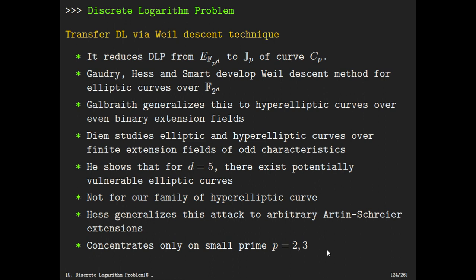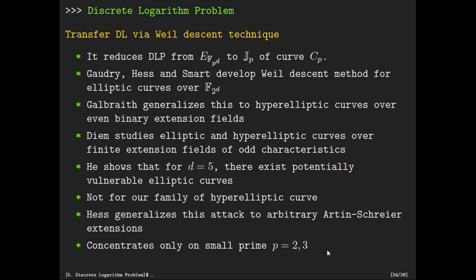Now our main point of concern, that is Diem's work. Diem studies the elliptic and hyperelliptic curves over finite extension fields of odd characteristics. He shows that for d equal to 5, there exist potentially vulnerable elliptic curves.